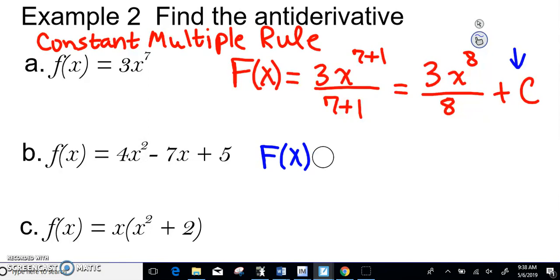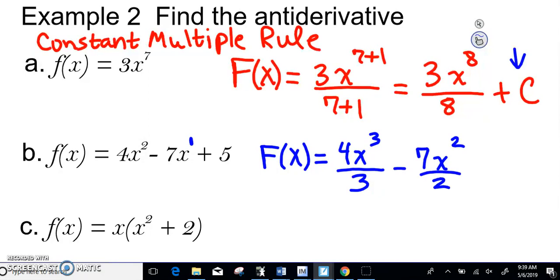All right, so here again, we're going to add 1 to the exponent and divide by the new one. So we do 2 plus 1, that's 3, divide by 3. For the understood 1, we add 1 to it, that's 2, divided by 2.